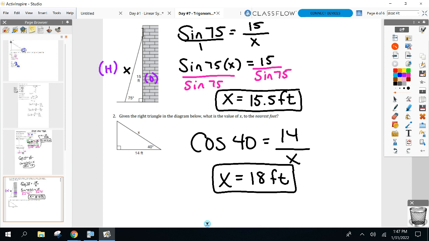Jason. Oh yeah, so both sides. Oh wait. They just use different angles. Jason. Oh, you're right. 18 feet. As we keep working, 18 looks good. Using cosine ratio. 18 feet. Questions, comments?